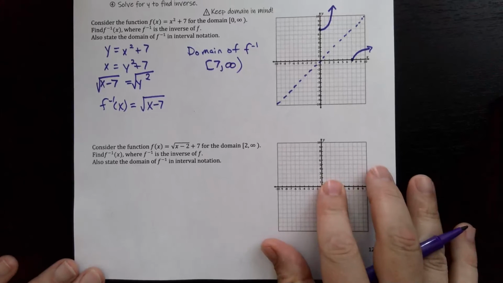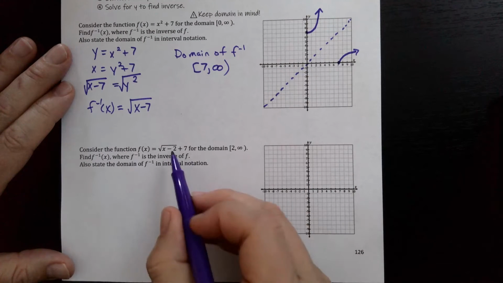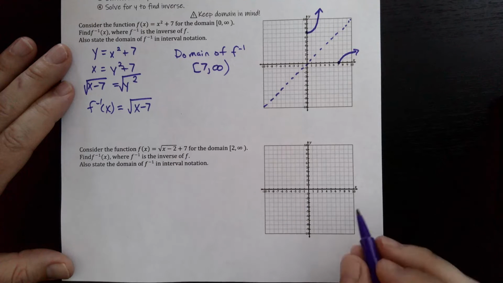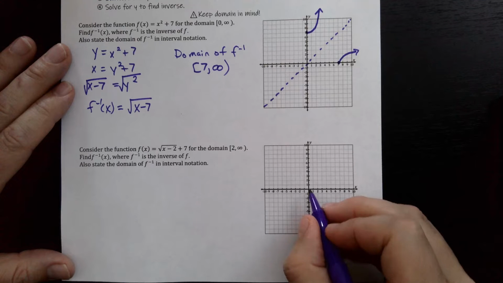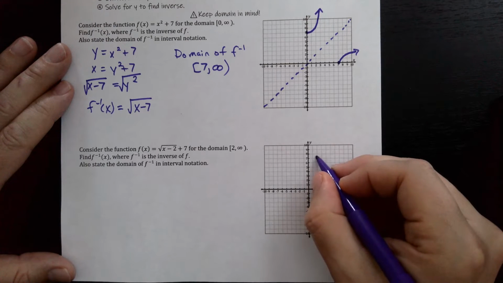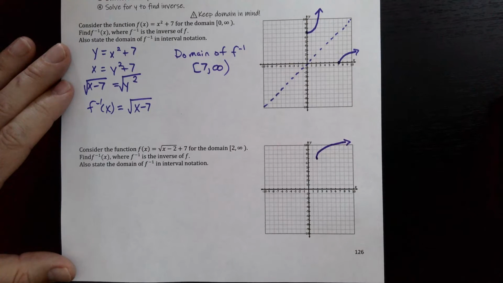Okay, let's do another one. This one we have a square root function that's been shifted right twice and up 7. Let's go ahead and graph that. Right twice and up 7 would be here. So this function is going to look like this. My graph is not perfect, but that gives you an idea.